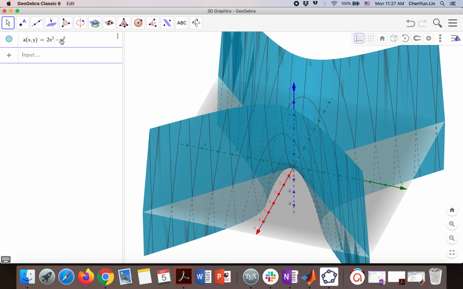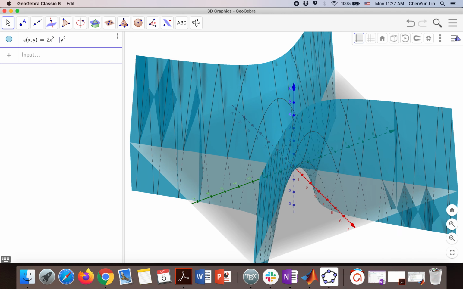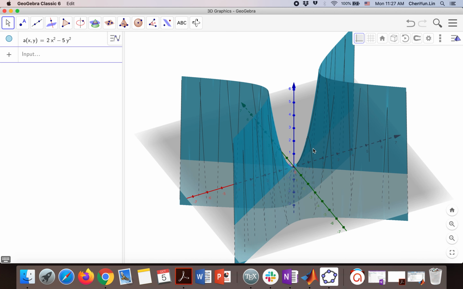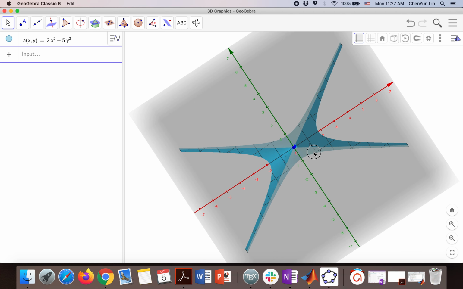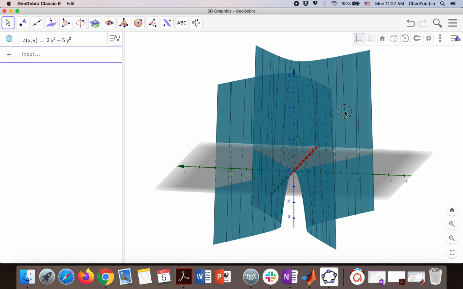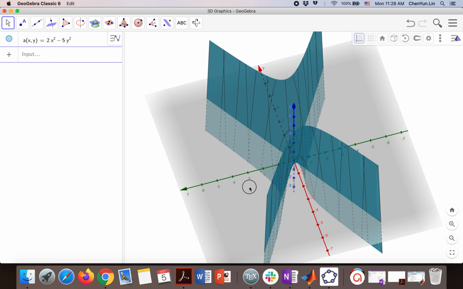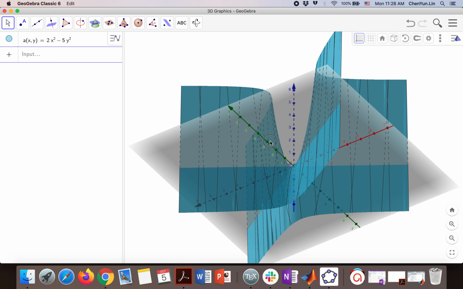I get dizzy, how come it doesn't stop rotating? You see, it's still the same shape, but scaled differently. So if we have x squared minus y squared, this type of function gives you a hyperboloid.